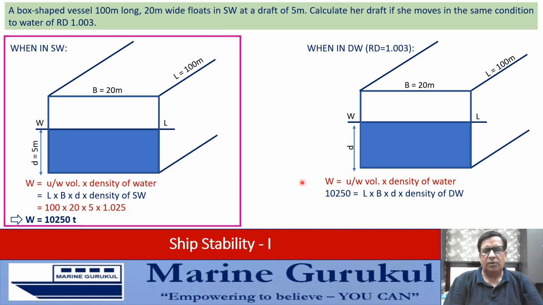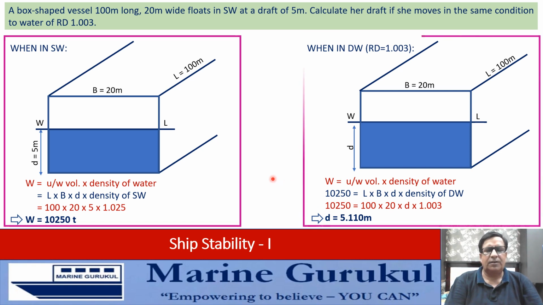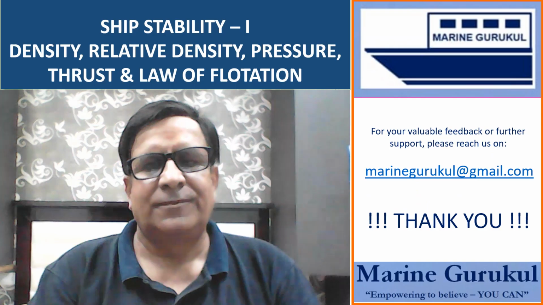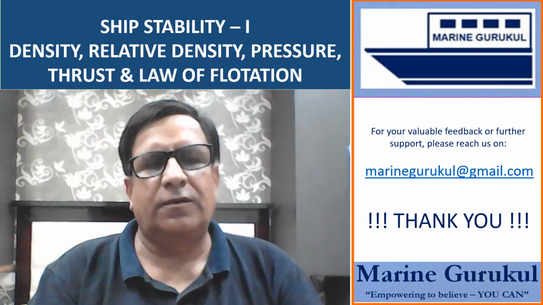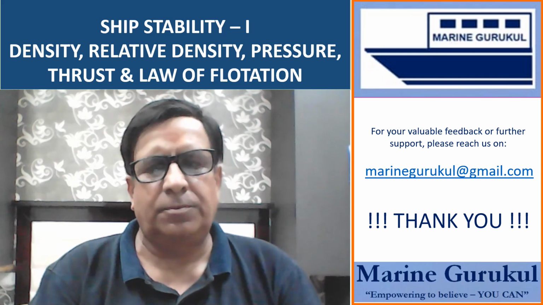When we put the values of length and breadth and the density of the dock water, the expression looks like this, and when it is solved, we get the value of D, that is the draft, as 5.110 meters. So the same vessel, when she moves from seawater to dock water, her draft shall change from 5 meters to 5.110 meters.